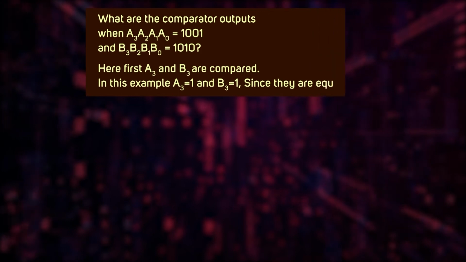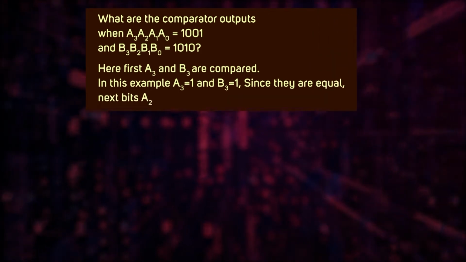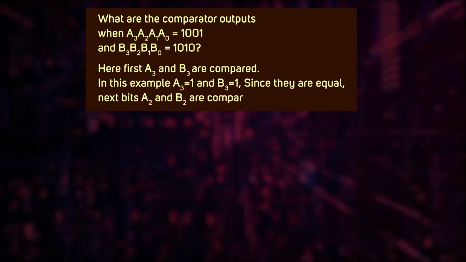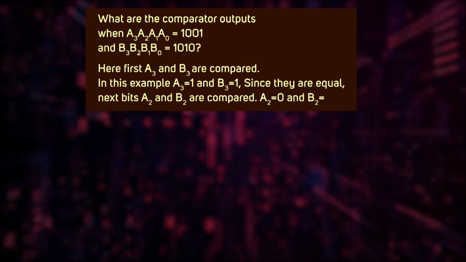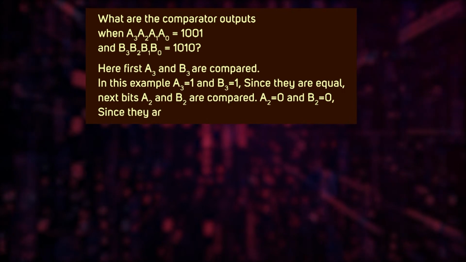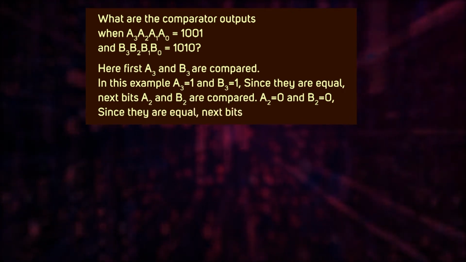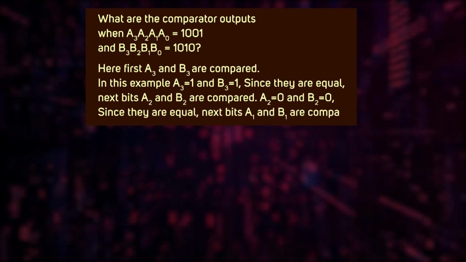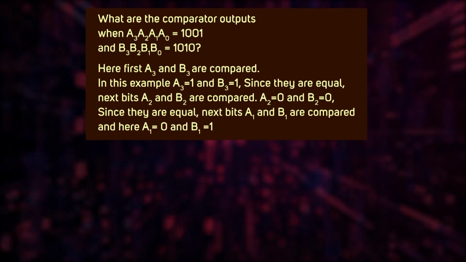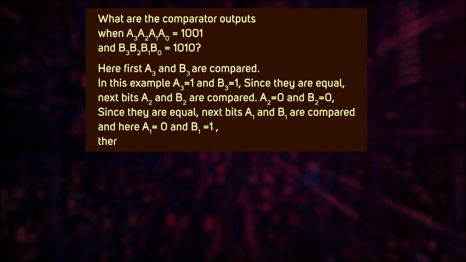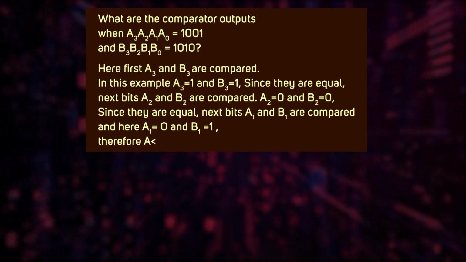Since they are equal, next bits A2 and B2 are compared. A2 equal to 0 and B2 equal to 0. Since they are equal, again next bits A1 and B1 are to be compared, and here A1 equal to 0 and B1 equal to 1. Therefore, we conclude that A is less than B.